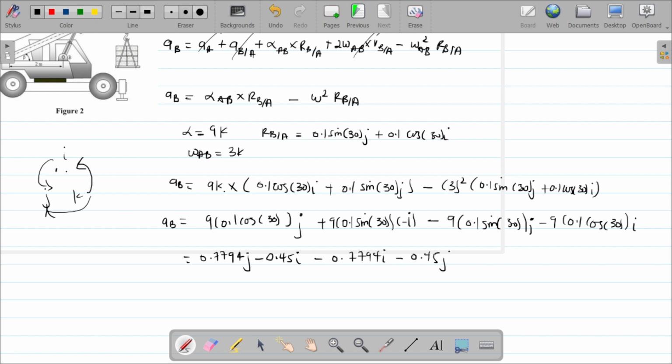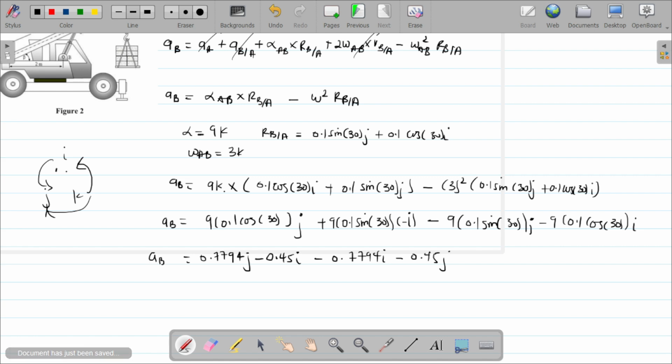The j is sine, the i is cosine here. Of course, so the acceleration of B is equal to this.